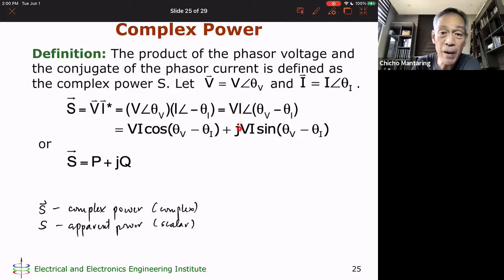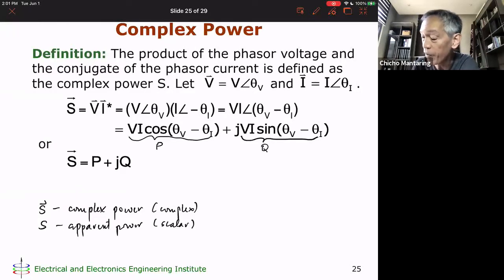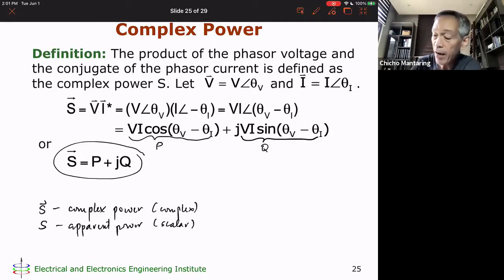And the imaginary part is J VI sine of theta V minus theta I. Take note that this is equal to P by definition, and this is equal to Q by definition. Thus, if you carry out this multiplication, V times I conjugate, you're going to get an expression for complex power, which is P plus JQ.